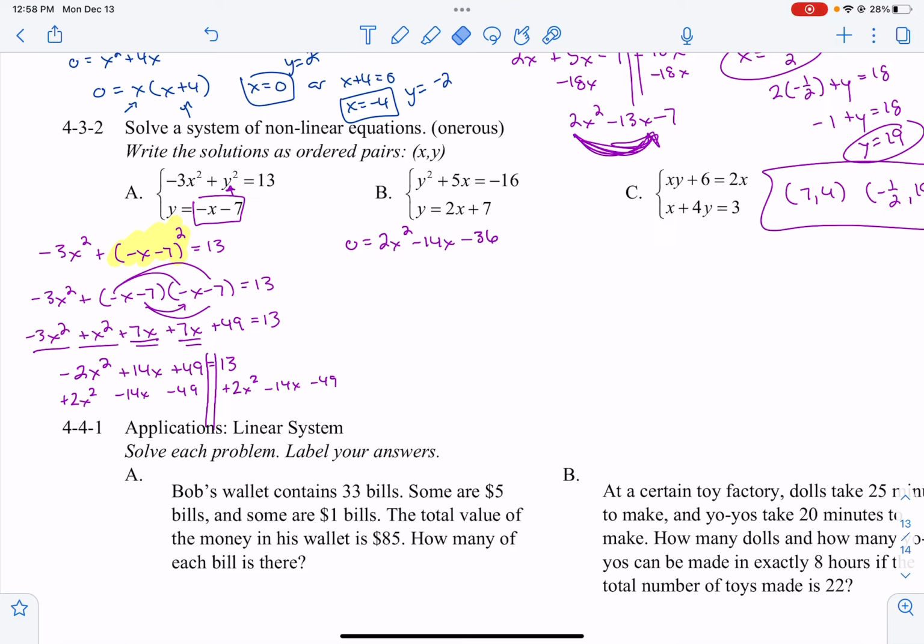We have options. We can big X or we can use the quadratic formula. I'm going to try my big X first. And I get negative 72 on top and negative 14 on the bottom. So 72 is 1 and 72, 2 and 36, 3 and 24, 4 and 18, which is going to give me my negative 14.